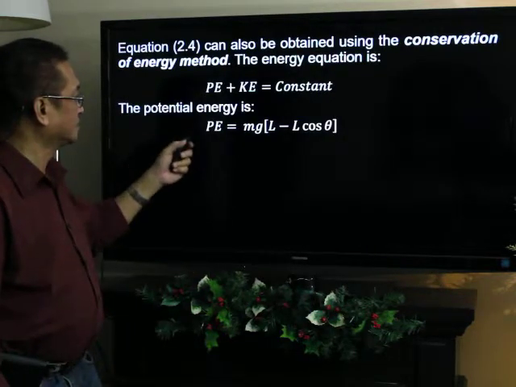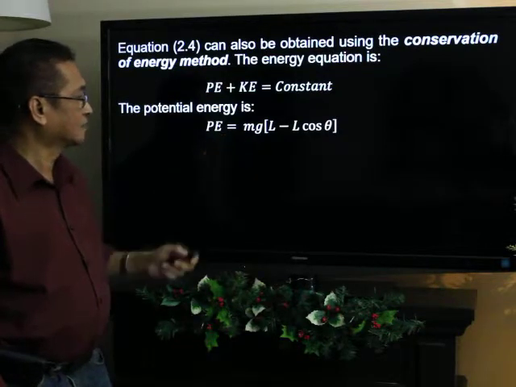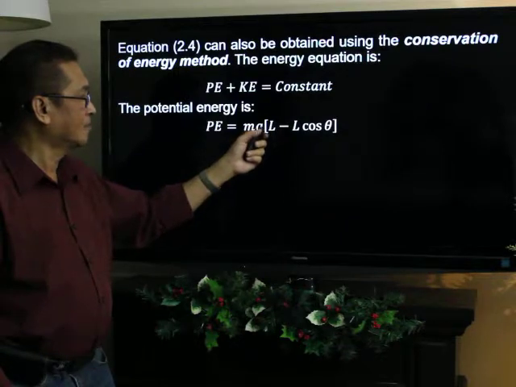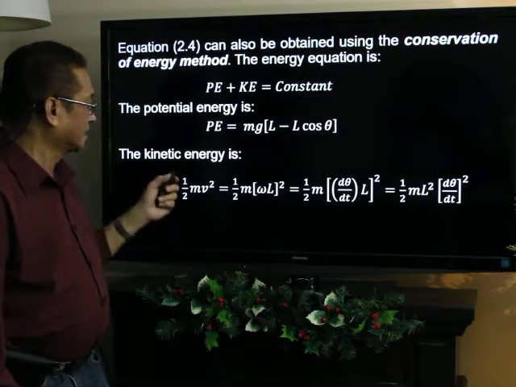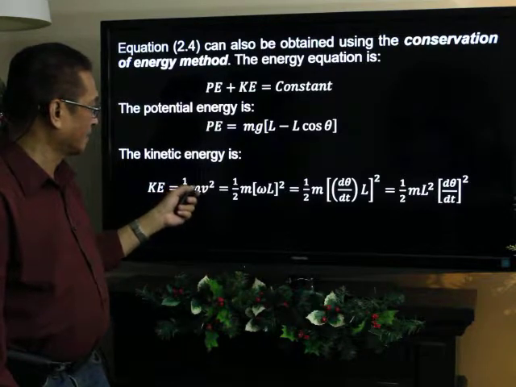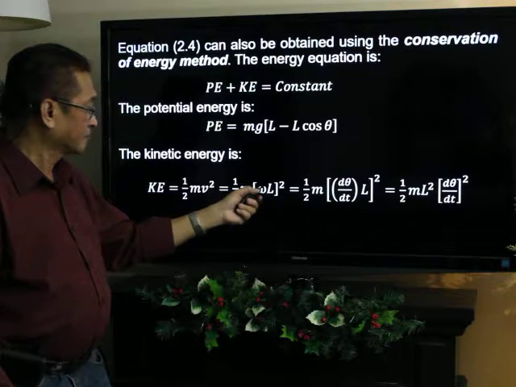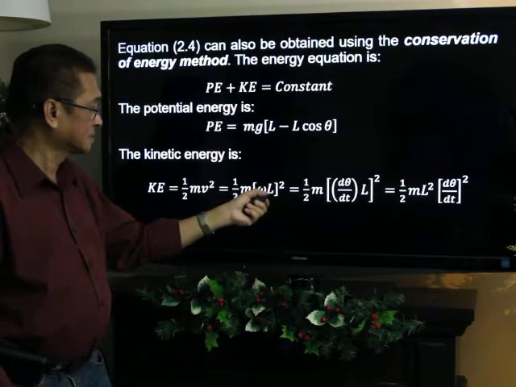And the potential energy PE is equal to mass times acceleration due to gravity times length minus length times cosine of theta. And the kinetic energy is equal to 1/2 mv squared, where v is equal to the angular velocity times length.